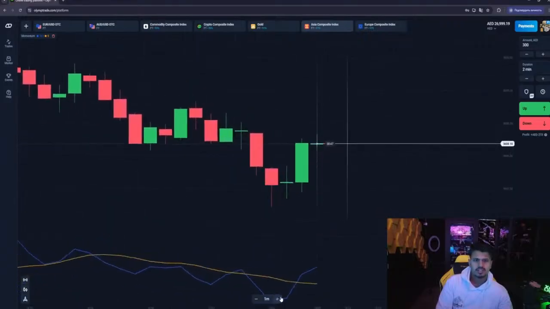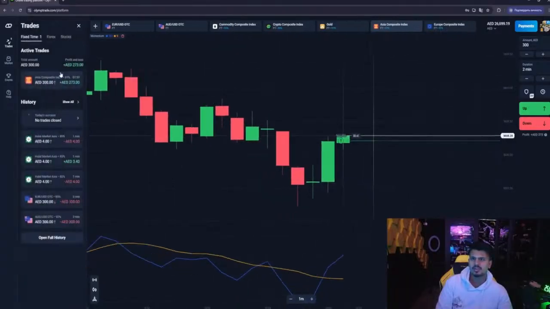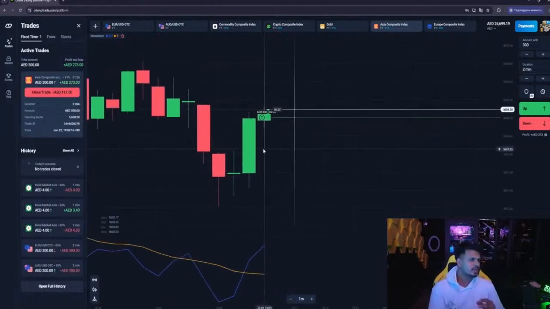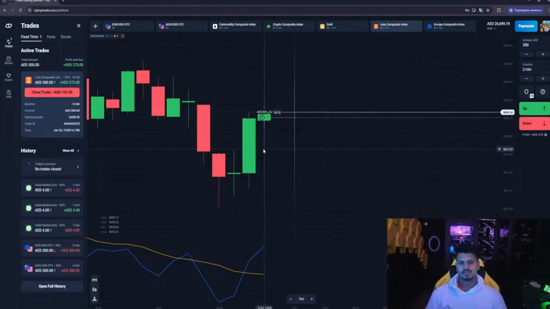So guys, as you can see on the screen, it is moving right now. I'm making the first trade in the upward direction on the Asia Composite Index. Let's see. Today the Japanese candlesticks are working perfectly, and now we just have to check whether it is moving perfectly or not.